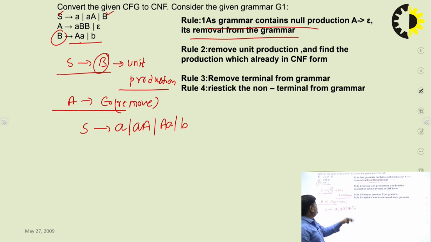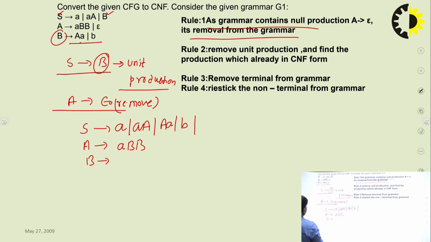Now A tends to null, so another production is found, that is A tends to, with no change into the start symbol. Now again A tends to null. Now A tends to A capital B, no change.